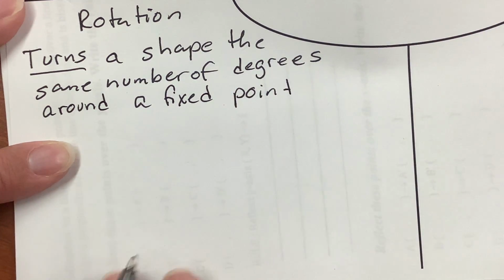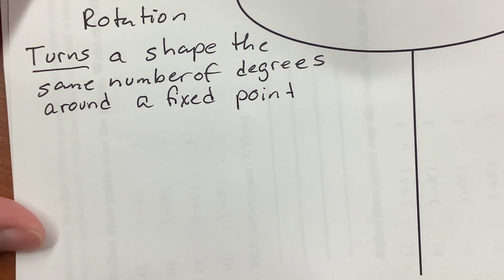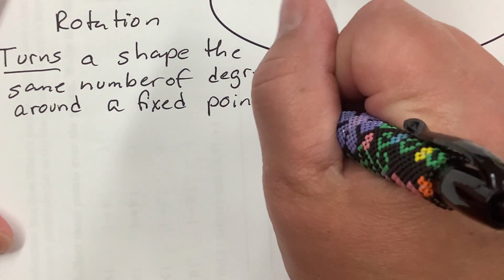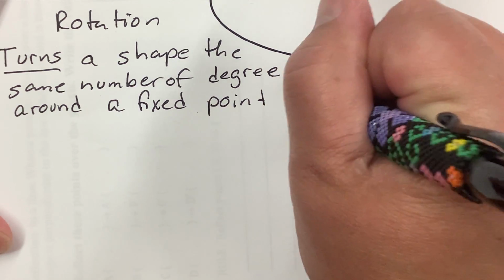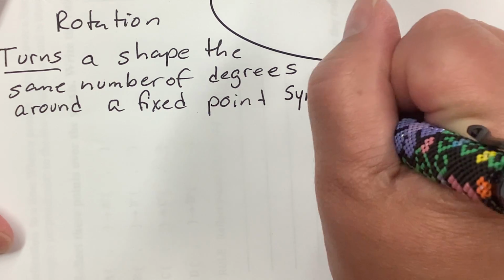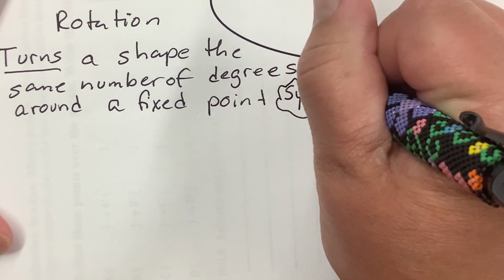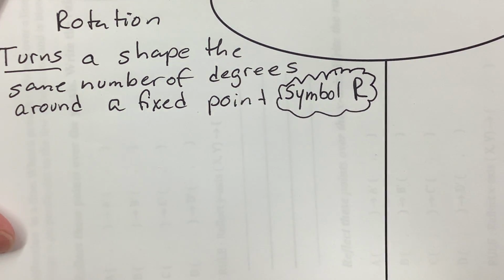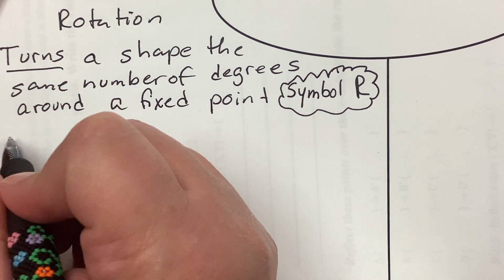And remember, it's a big capital R for that. So the symbol is a big R. Reflection is a little r, and rotation is a big R. And the shapes are congruent.